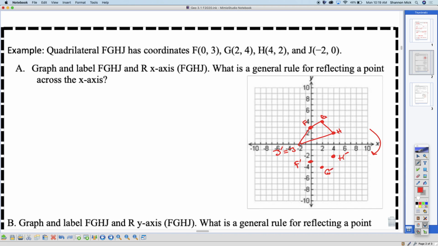Is that correct? Okay. So I didn't change my angles. I didn't change the length of my sides. Did I?